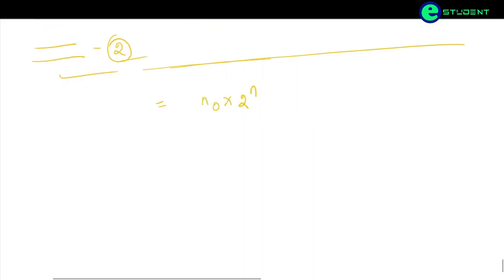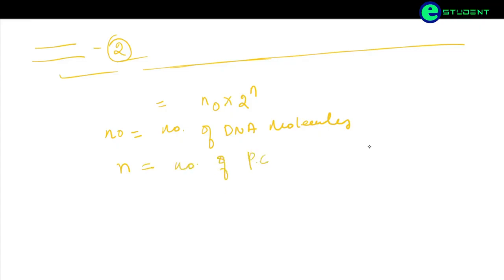So we have a formula for calculating when there is a large number of PCR cycles. The formula is N0 into 2 to the power n, where N0 is the number of DNA molecules and n is the number of PCR cycles.